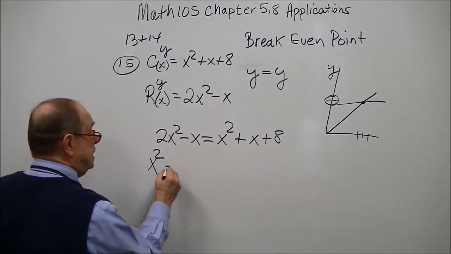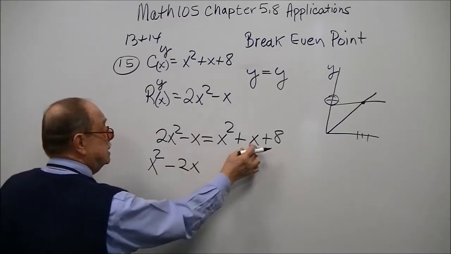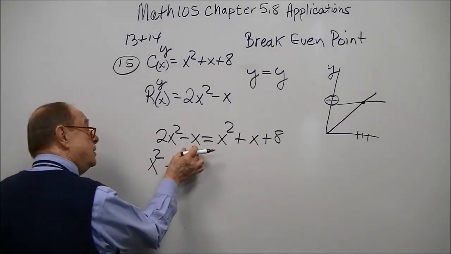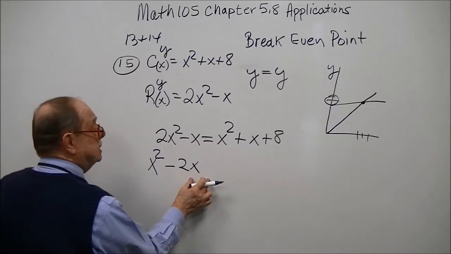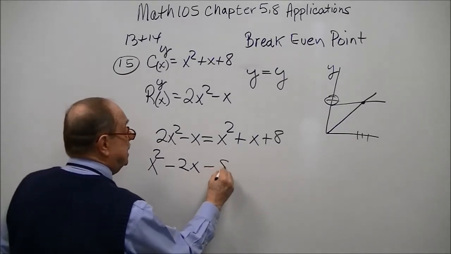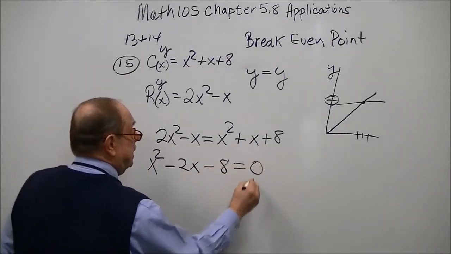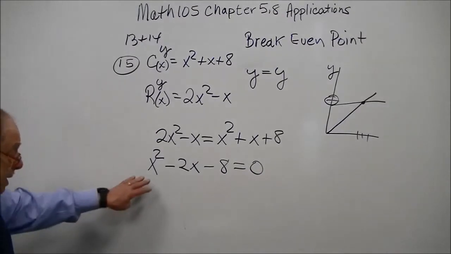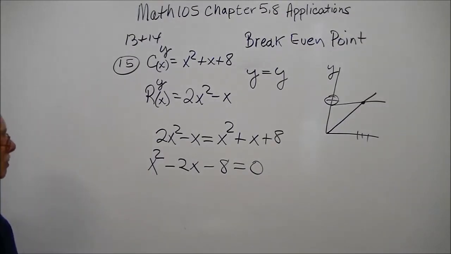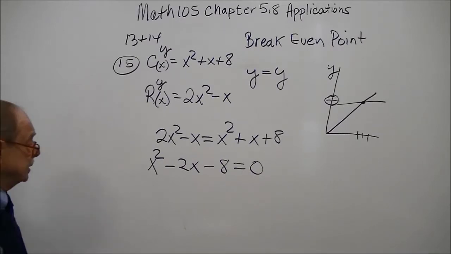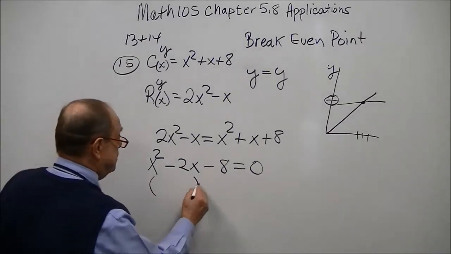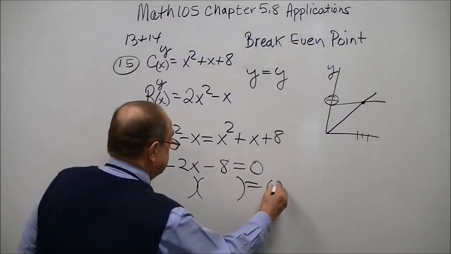That leaves us with a negative 2x, because on this side it becomes another negative x. And this becomes a negative 8. And this equals 0 now. We have standard form of the quadratic equation. How do we solve it? Well, the only way we know is by factoring.